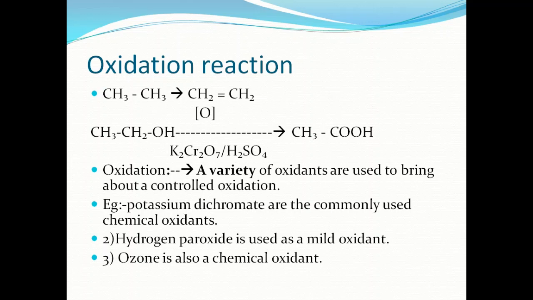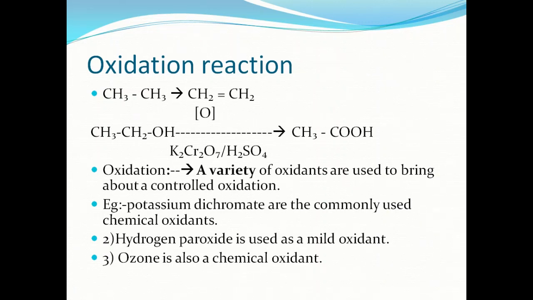Here the acidic potassium dichromate makes oxygen available for the oxidation of the reactant ethyl alcohol. Such chemical substances which bring about an oxidation reaction by making oxygen available are called oxidant or oxidizing agent.